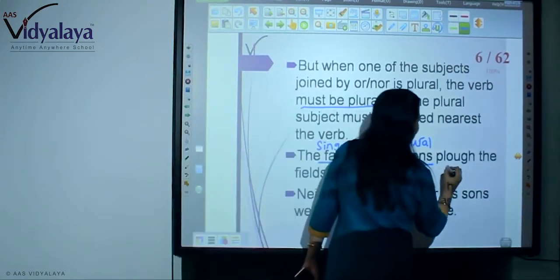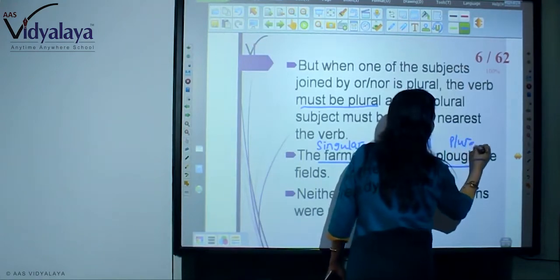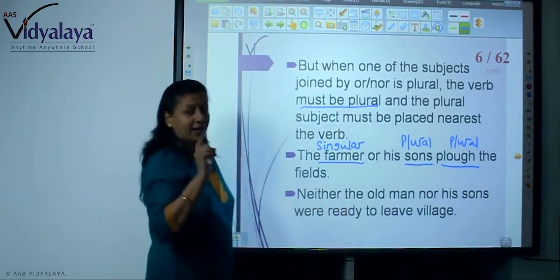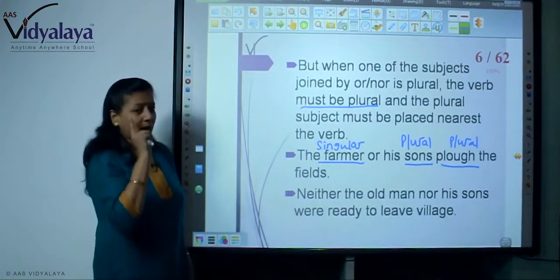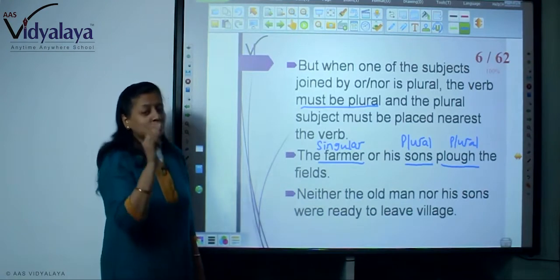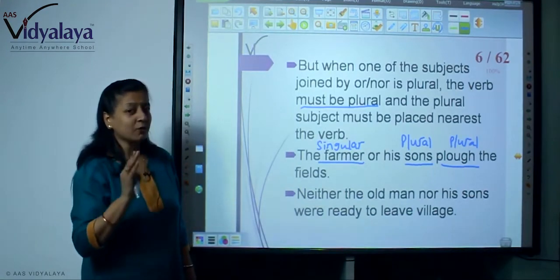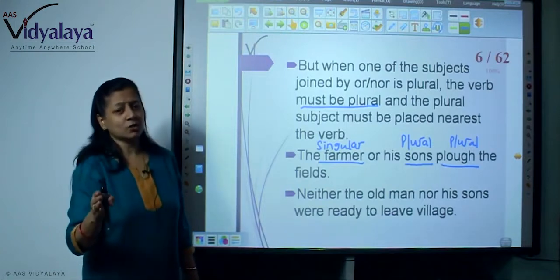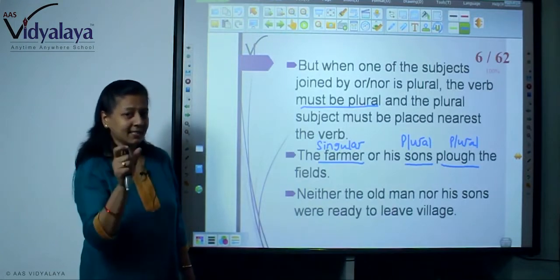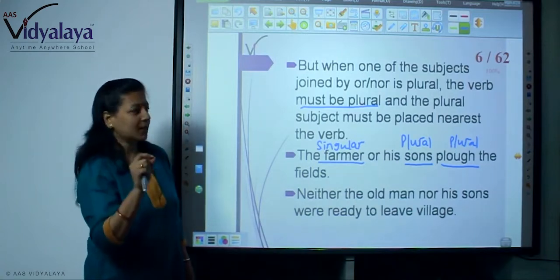So, the verb is plural. Plow only, not plows. Try to understand. If one of the subjects is plural, you need to place it nearest the verb so that it will be easily understood by others. Yes, the verb is according to the subject.